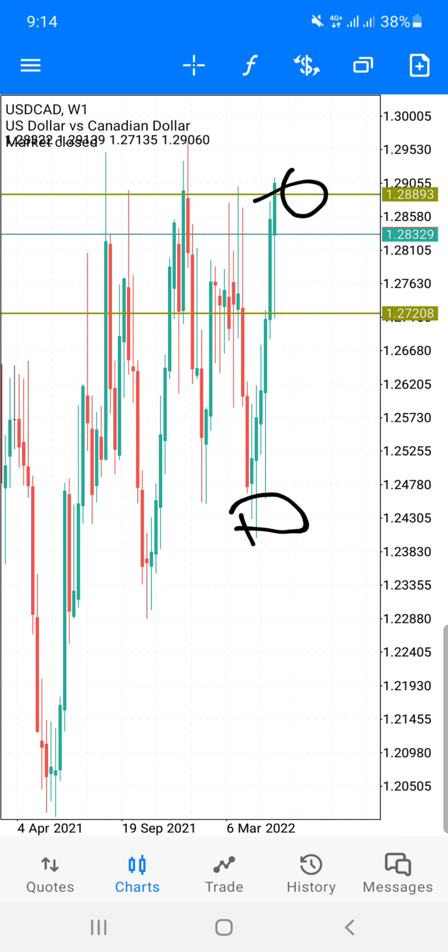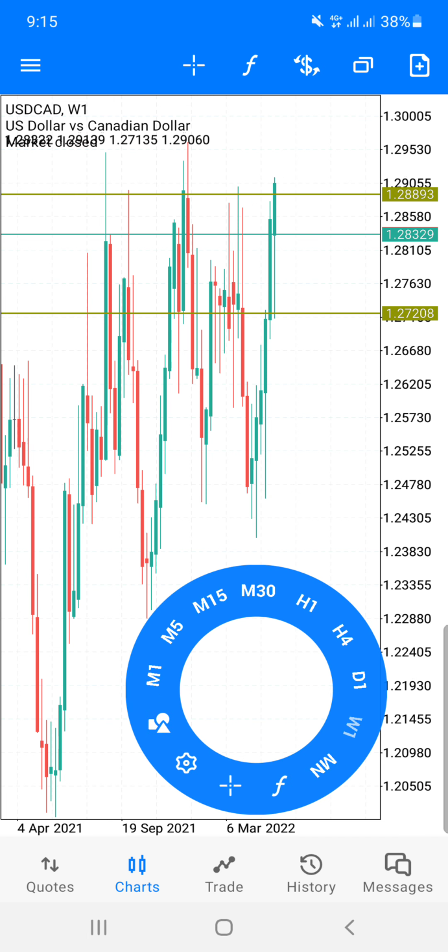And another thing is that they are not really moved by emotions because they just have a particular time. They make analysis, they enter, and they wait for a specific date before they check the results. You understand? Unlike scalpers or people that check the trade every single period of time to know what's going on.